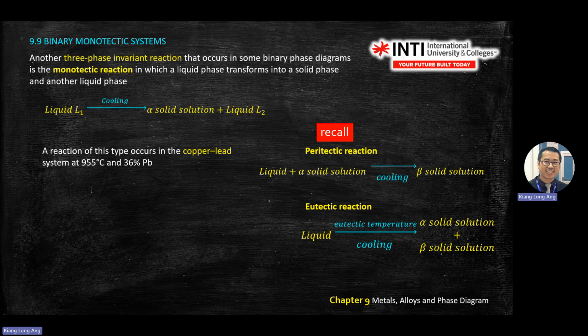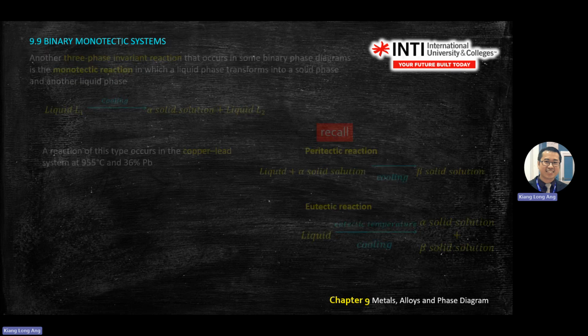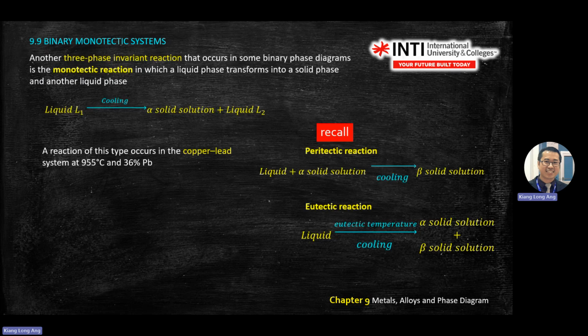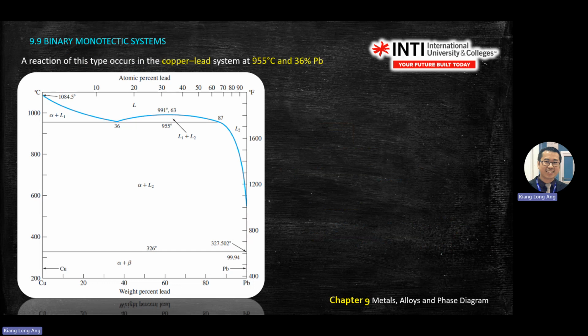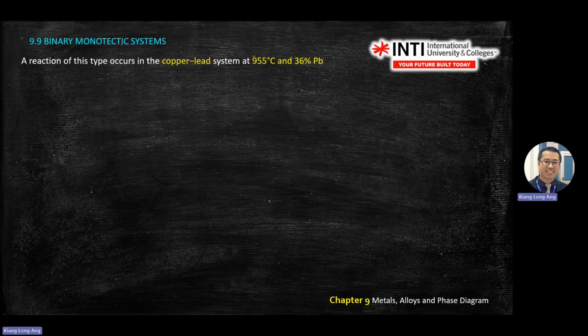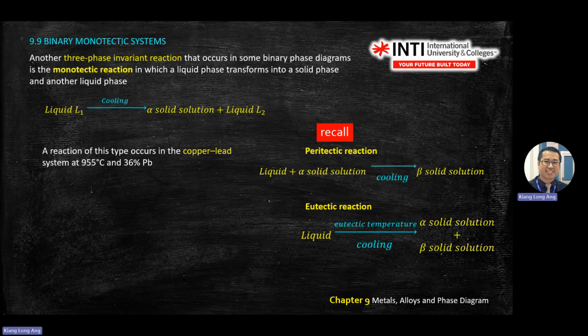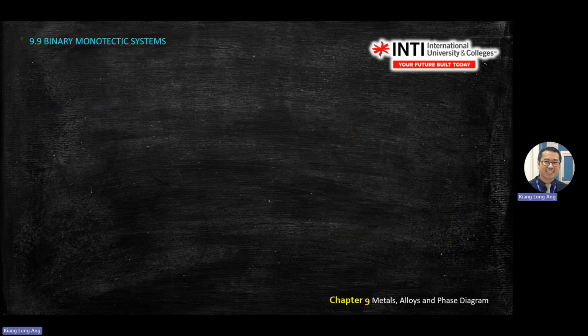This one is monotectic. Monotectic is liquid. You cool down, you get liquid L2 and alpha. So this one happens in a copper lead system. Copper lead system, example this one. Okay, so this is monotectic. Again, the equation is liquid 1 becomes liquid 2 plus alpha.